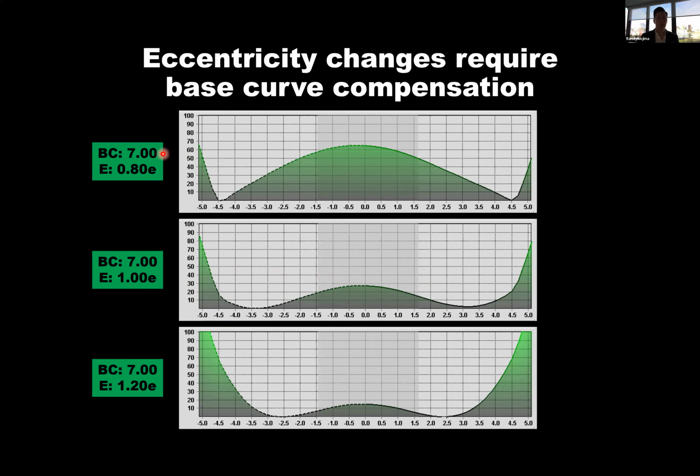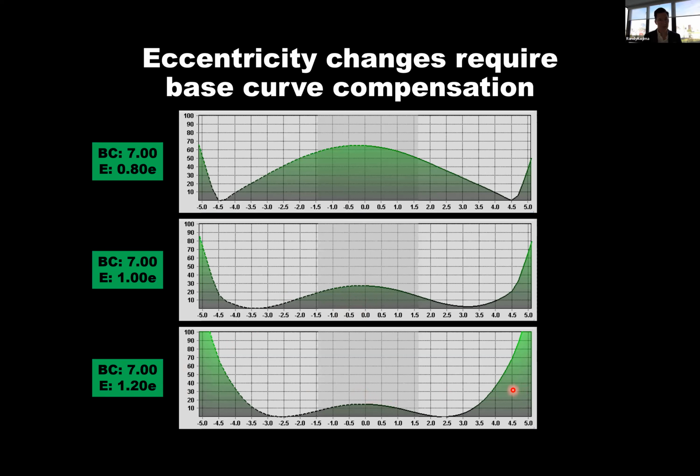So if we create an eccentricity of 0.8 and a 7 millimeter base curve radius, we get a very high sagittal depth. If we create a 7 millimeter radius and have a 1.0 eccentricity, then our apical clearance, our depth, comes down. If we increase the eccentricity even more, that creates less apical clearance and more edge lift.